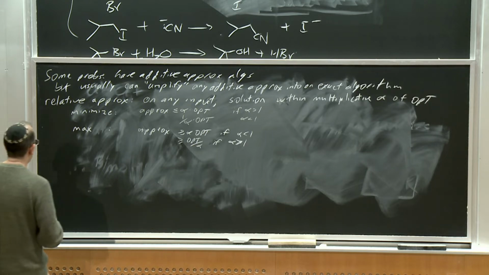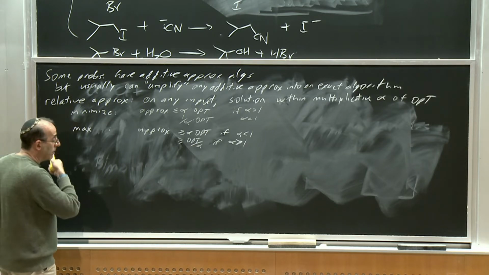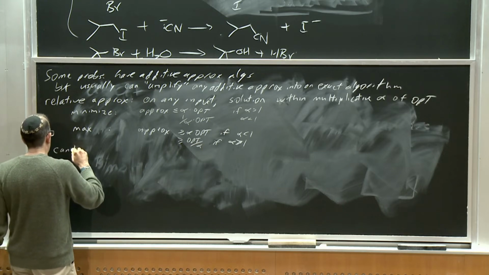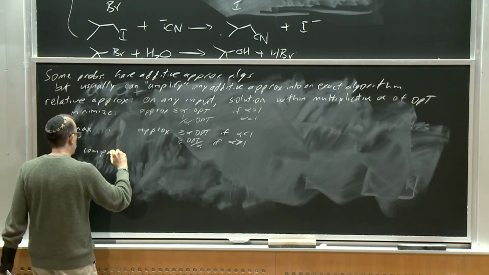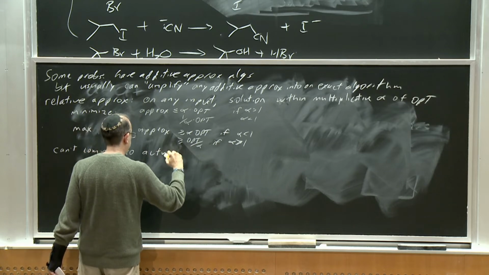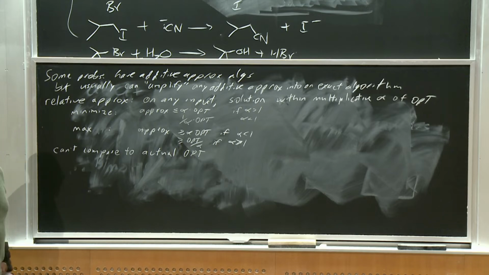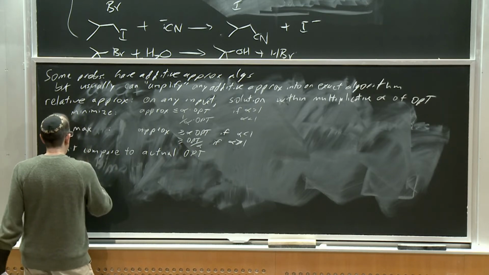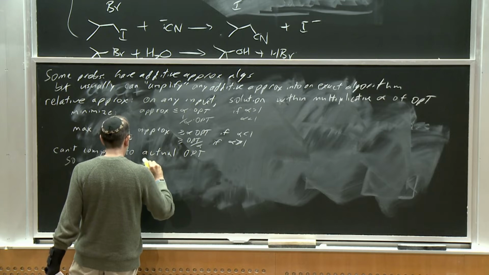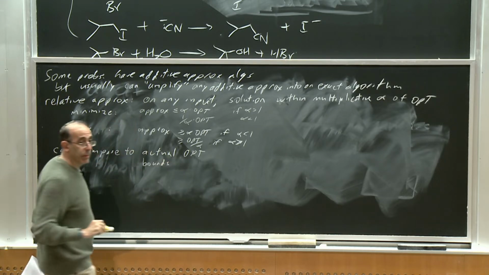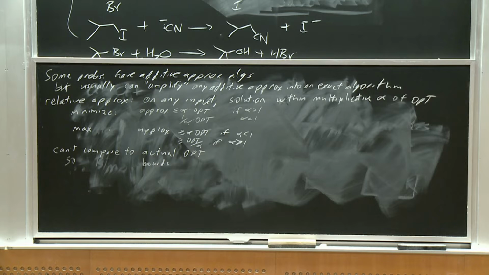And we pointed out that if you want to talk about these sorts of approximation factors, in general, you can't compare to the actual optimum because you can't find the actual optimum to compare to. So instead, you compare to various bounds on the optimum. And in a lot of approximation algorithms, a lot of the creativity is in identifying suitable bounds to compare to. Okay?